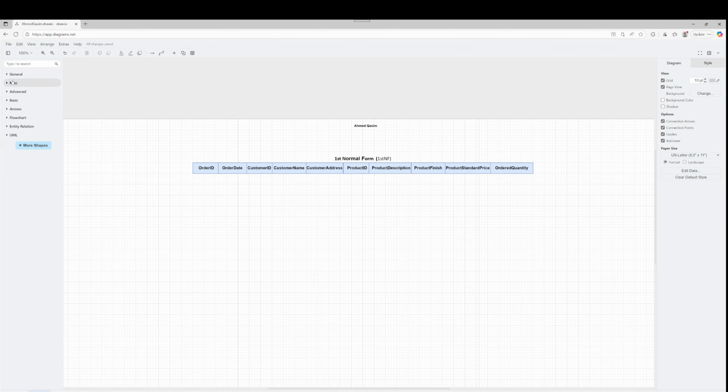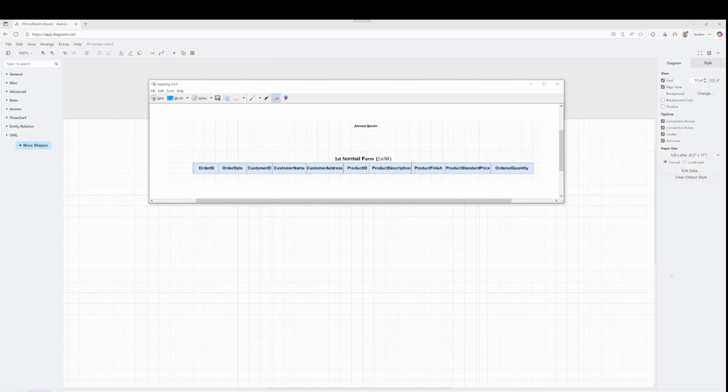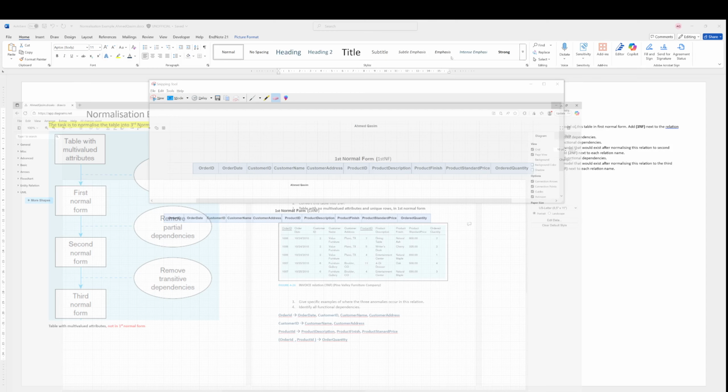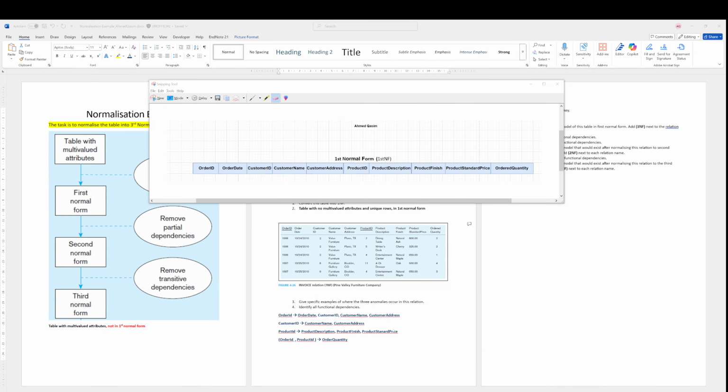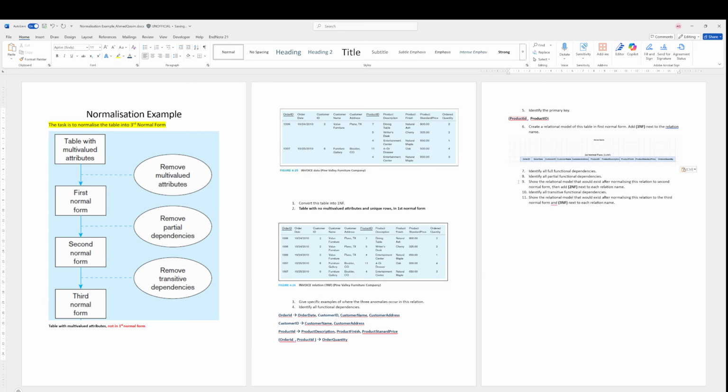So in your case, maybe you just need to copy this or copy the whole screen and then just place it into six. So this is the first normal form.